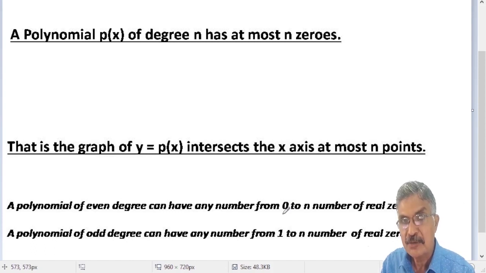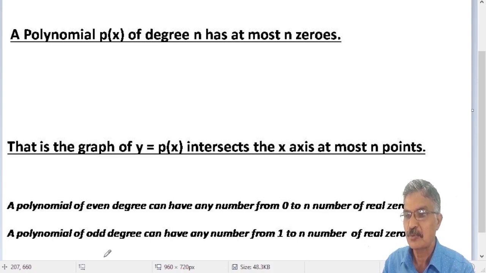It may not have any zeros, that is 0 zeros. But a polynomial of odd degree, that is 1, 3, 5, etc., has a maximum of n real zeros, but a minimum of 1 real zero. Any number from 1 to n real zeros.